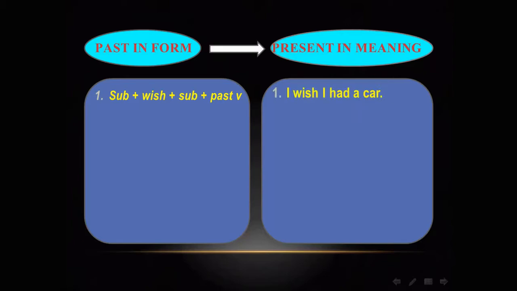Had the past form of have. لو هترجمها أتمنى أن يكون معايا عربية أو أتمنى أن أمتلك عربية at present في الوقت الحالي.